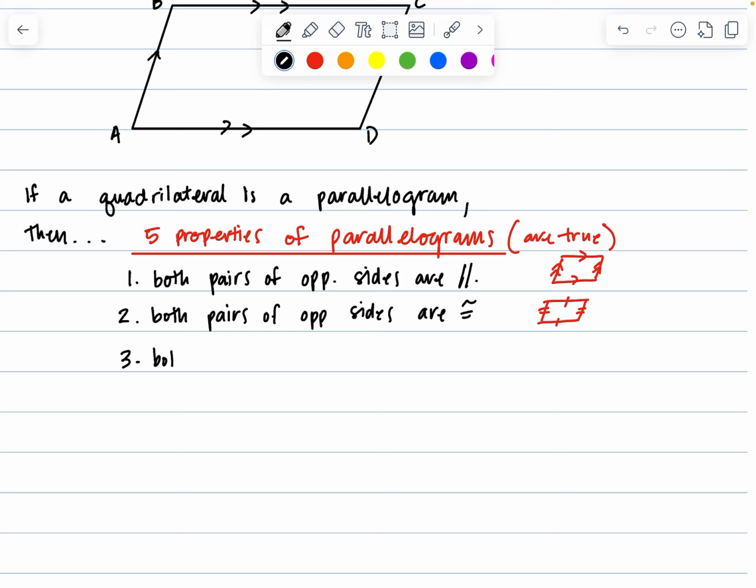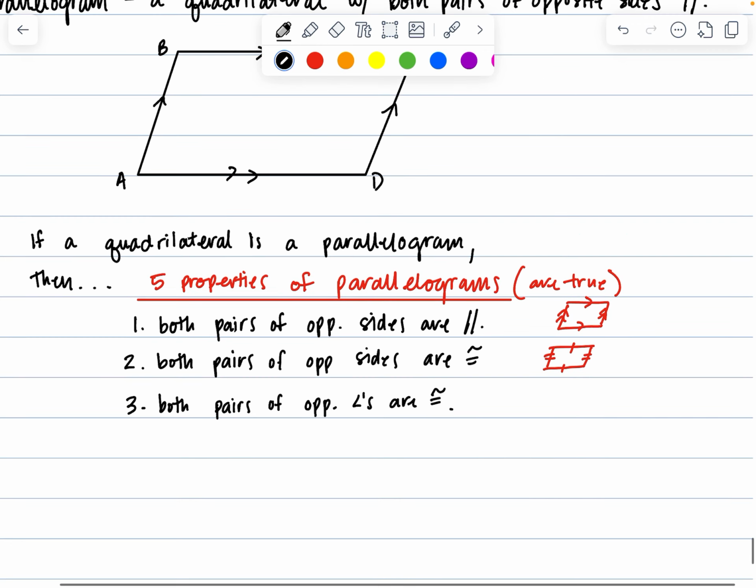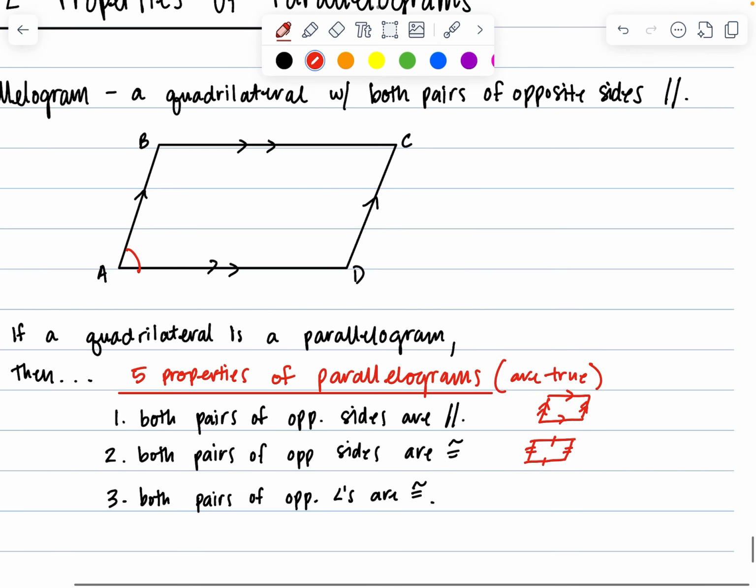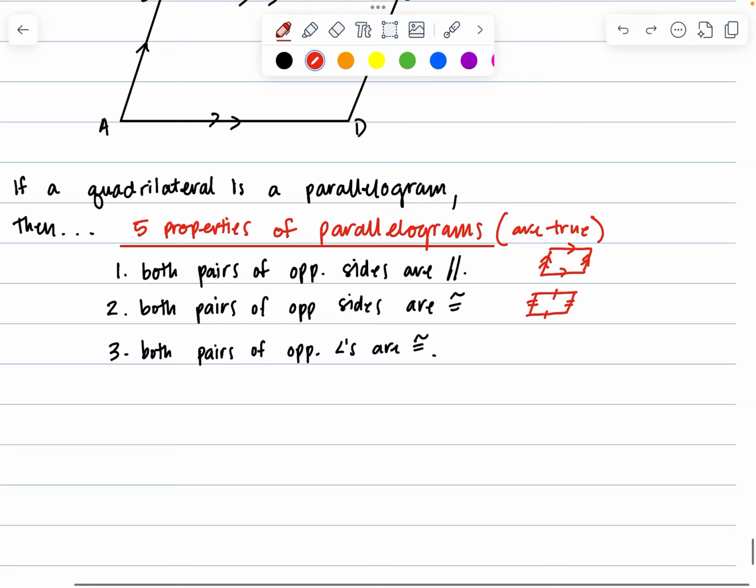Okay. Third one. If a quadrilateral is a parallelogram, then both pairs of opposite angles are congruent. Well, that would mean, for instance, angle A would be congruent to angle C. B would be congruent to angle D. Okay?